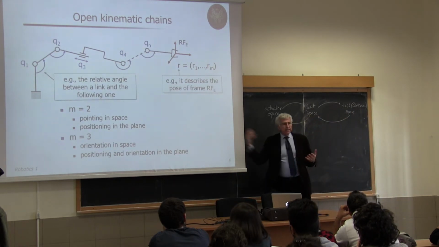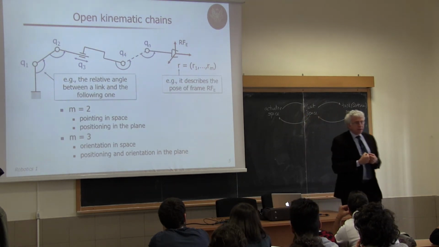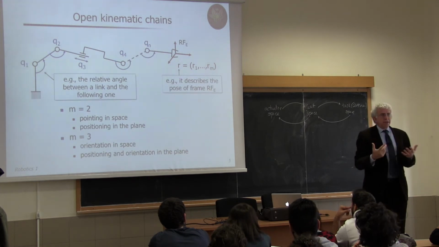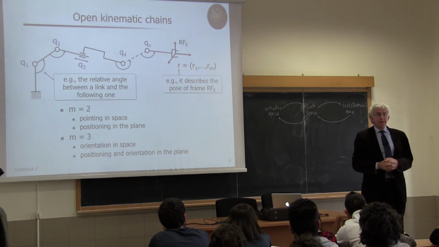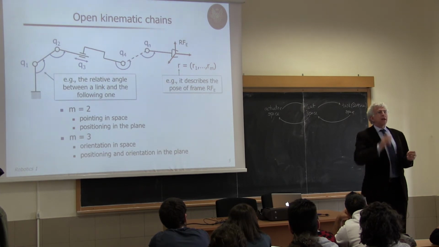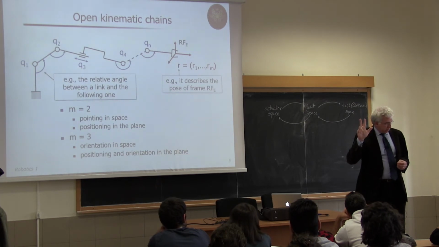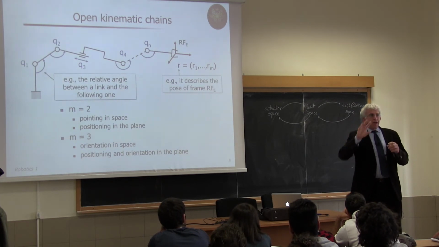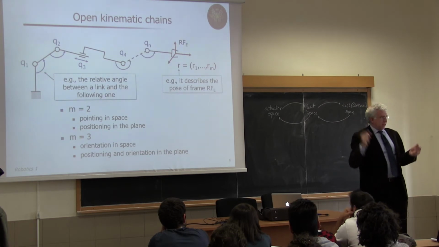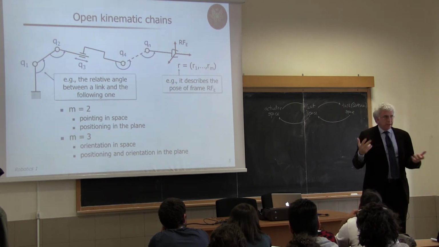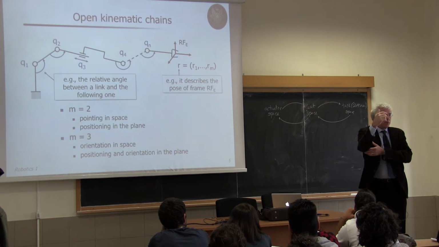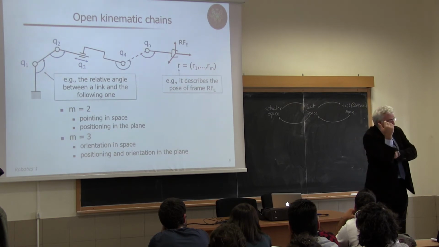I can give you an example with 7, for instance, for our KUKA arm in the lab. We may specify the task as: place the end effector somewhere, 3 variables of the R type. Orient the end effector as desired, other 3, and we are at 6. And then place the elbow at a certain elevation.